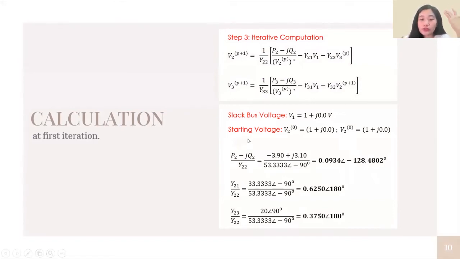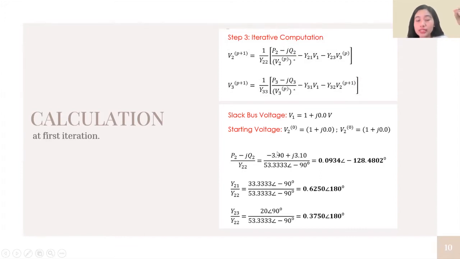So the first thing we have to do is solve for P2 minus jQ2 over Y22. Our P2 value earlier was negative 3.90. You can go back and look at it since I didn't flash it on the screen here, but just for the sake of it, let's review.